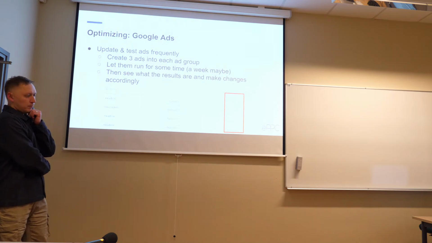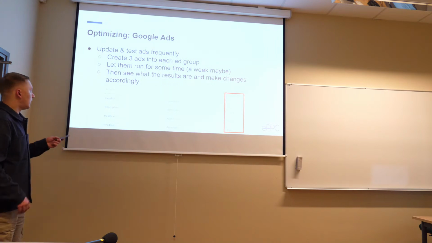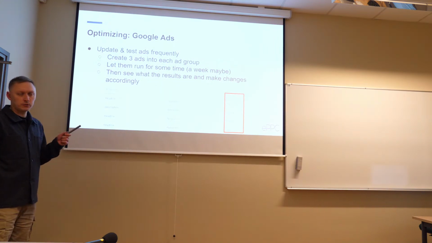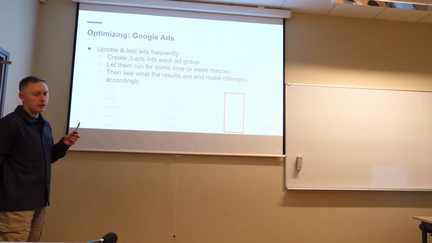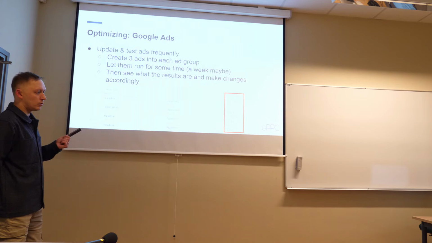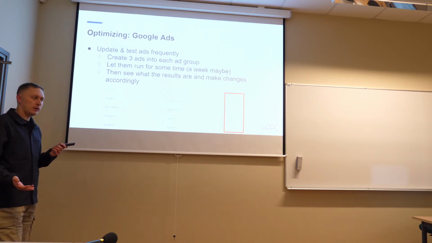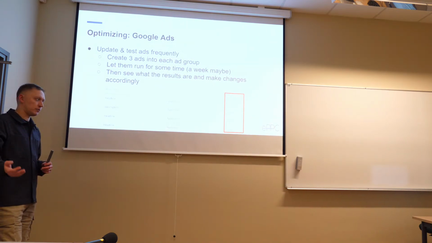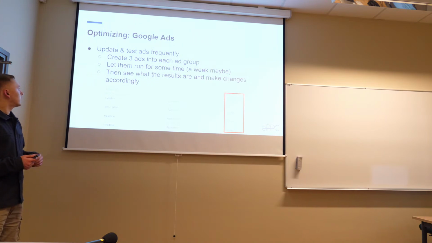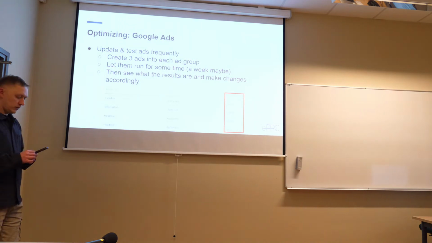The rule of thumb is that when you have ad groups in your campaigns, when talking about search ads, and actually all kinds of ads, you should always have variations of your ads. Google suggests you have 3 ads per ad group for them to be rotated evenly and to get the best result out of your campaigns. And then you let them run for some time. 2 weeks is the ideal time, actually.